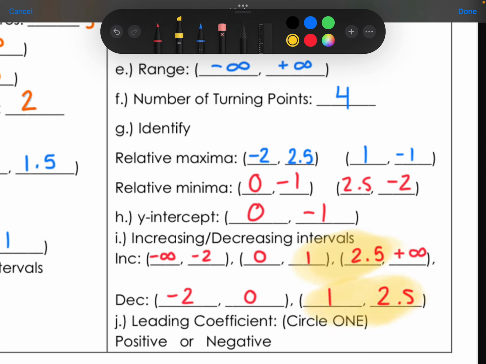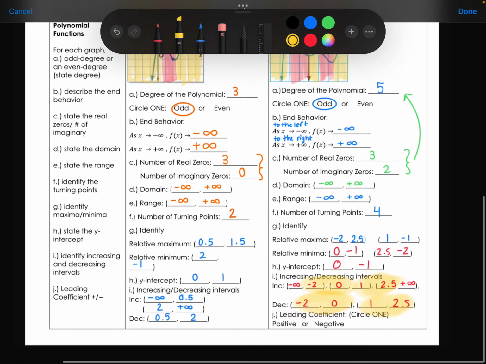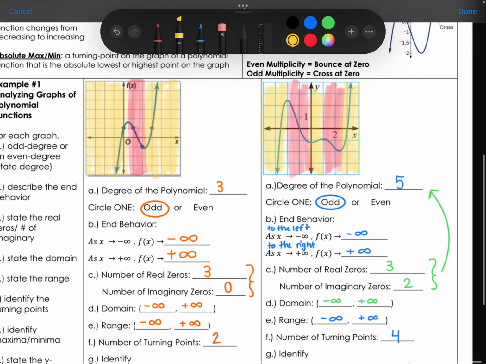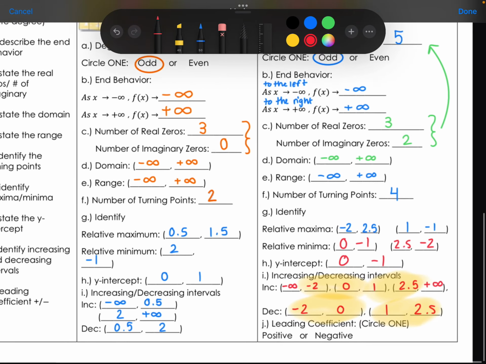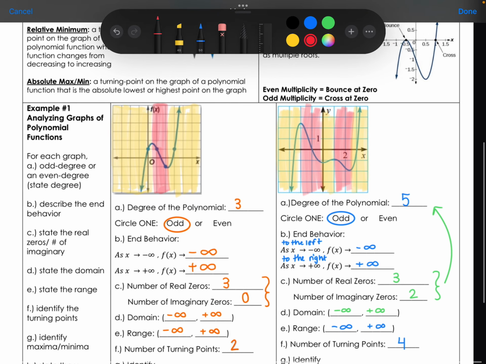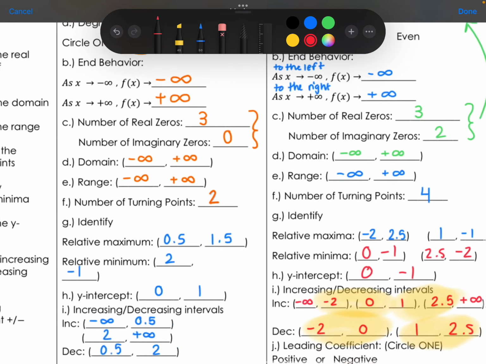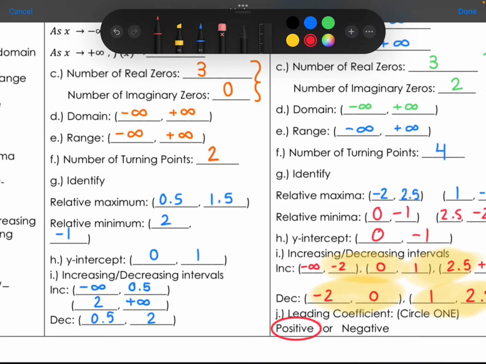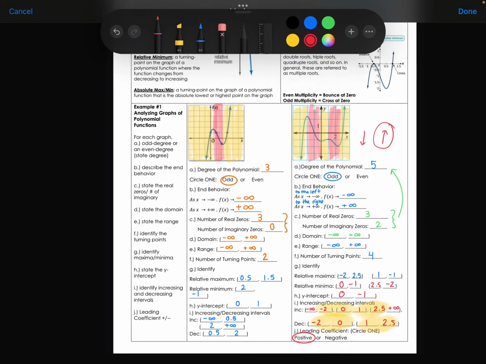These correspond, and then these correspond. The increase picks up where the decrease leaves off, and vice versa. So, leading coefficient. In this case, we're starting down and ending up. Anytime you end upward, your leading coefficient is positive. That's how you can determine that.